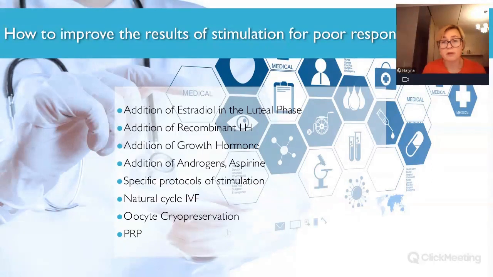Oocyte cryopreservation in case of natural cycles, for example 3-4 cycles, we collect oocytes and then do fertilization. And one of the last methods, PRP, we also use. Personally, I don't see a very important result with this method, but it also depends. Sometimes it may improve the number of follicles.